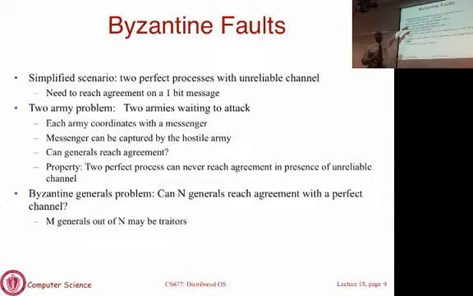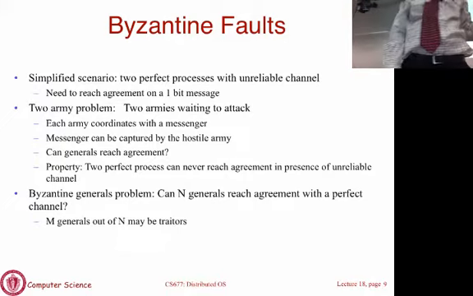Here the scenario is you have two processes that are not faulty, but they are communicating over a network that is faulty. We are assuming, in this simplest form, that you are sending 1-bit messages. Each process is sending a bit to the other, but the network is Byzantine faulty.